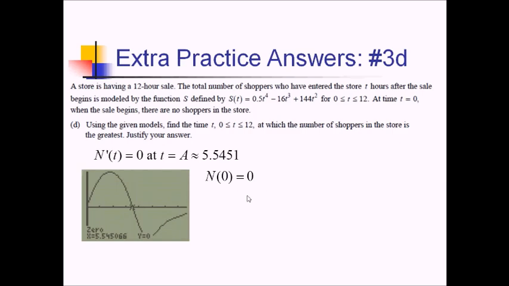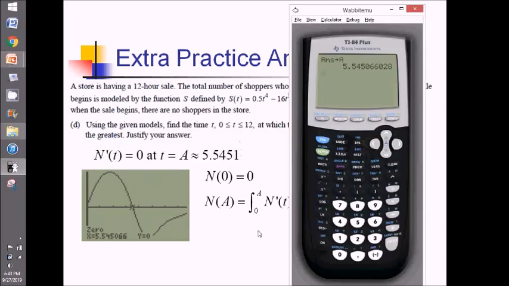Now let me do n of A, I guess I'm doing. That's going to be this amount of 0 plus the integral from 0 to A of n prime of t dt. So let me do that on the calculator. So I have integral, math 9, from 0 to alpha A. And again, I stored n prime as y4, so alpha trace y4 dx.